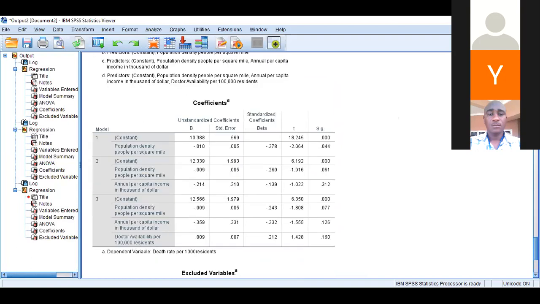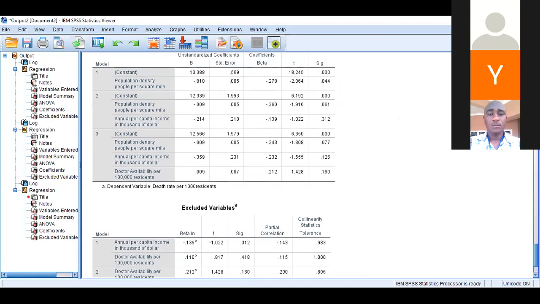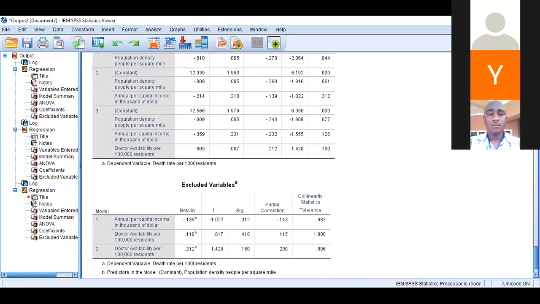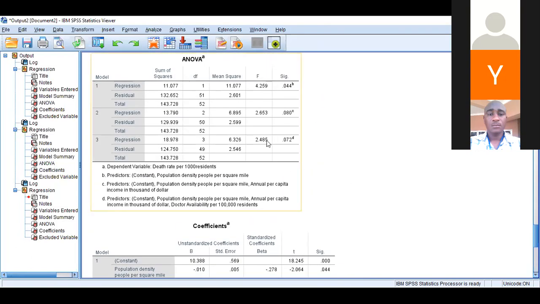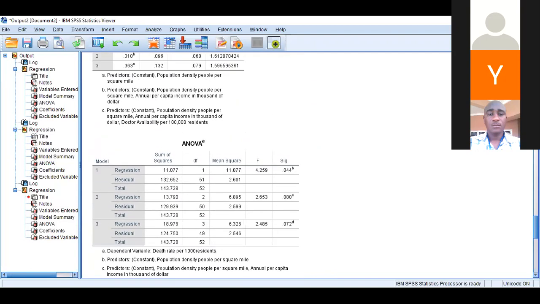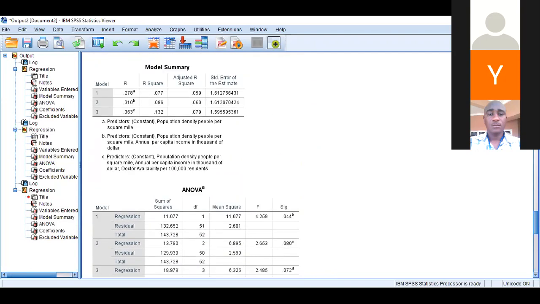Okay, I have done the third one. Look at it. What is the R square? It has increased to 30.2, then 13.2.